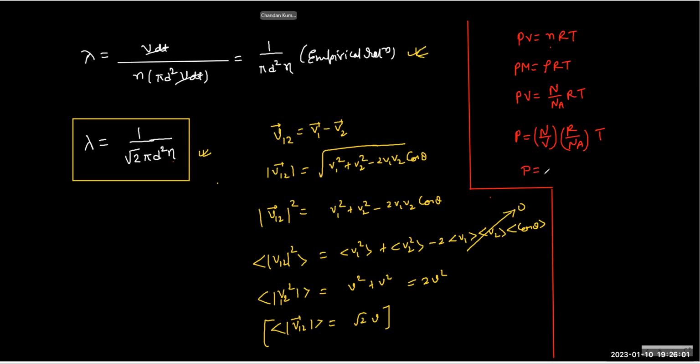This is called the molecular concentration, C, and R by NA is called the Boltzmann constant, K. So we have P equals CKT. So C we can replace by P by KT, and that is why you should know this. The lambda can also be expressed with the n replaced by P by KT.